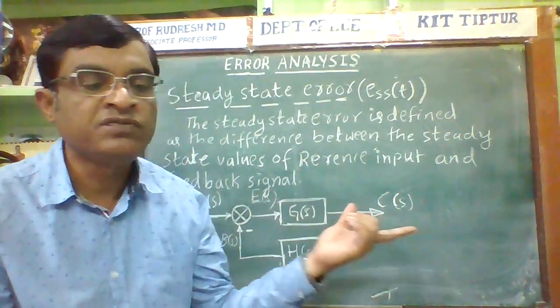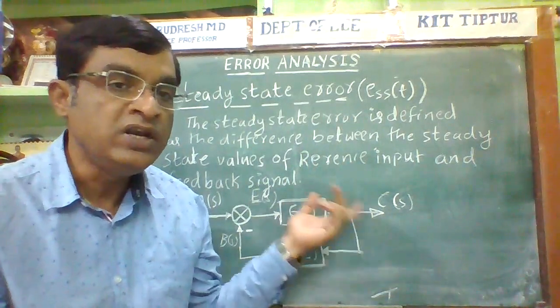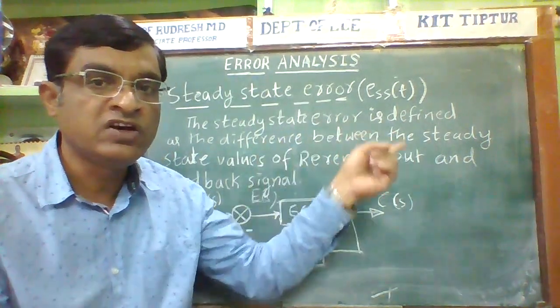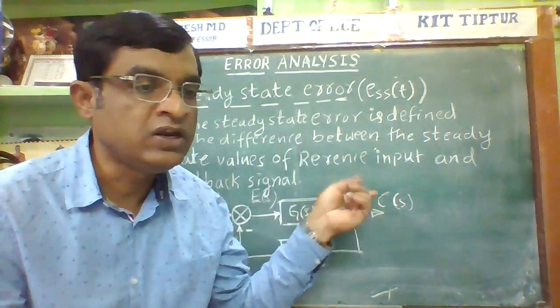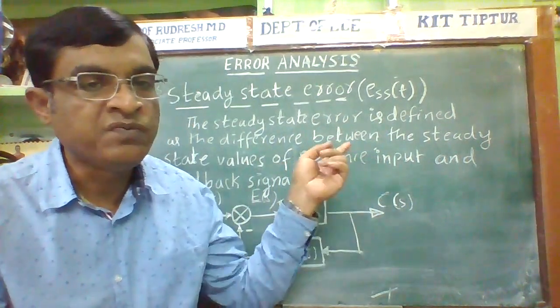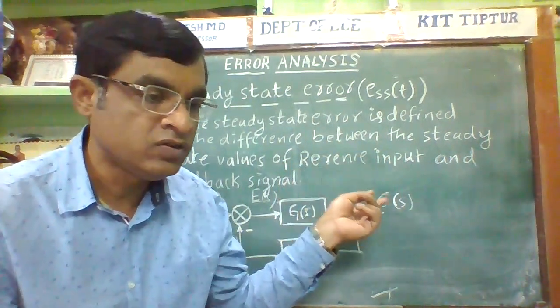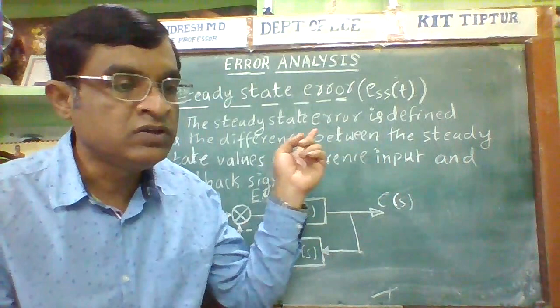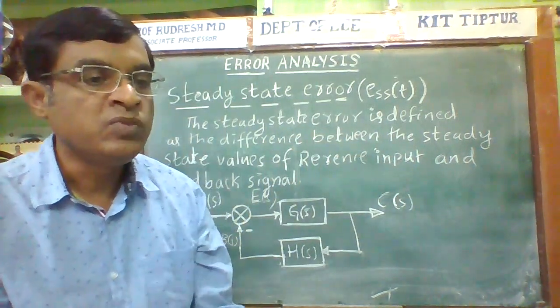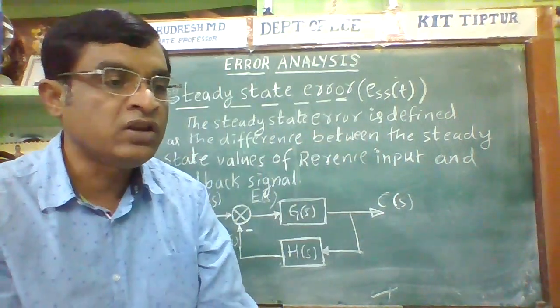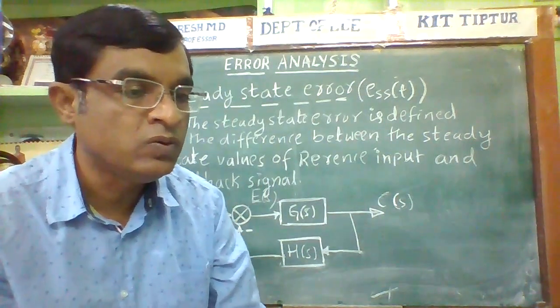The performance of the control system can be indicated by the steady state error. It is a measure of the accuracy of the control system.